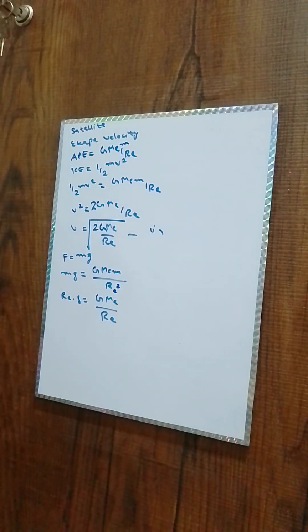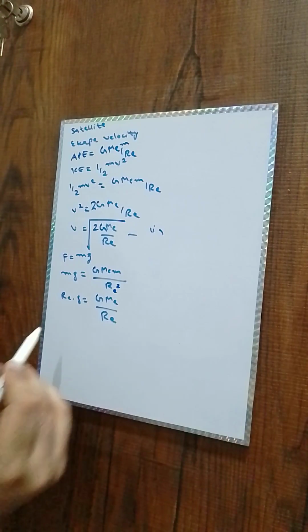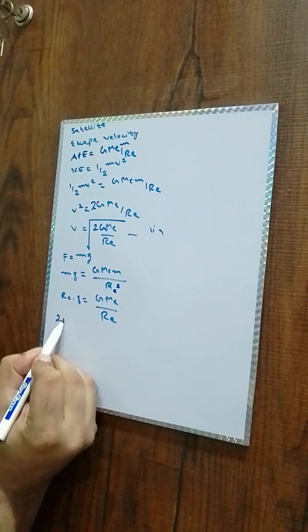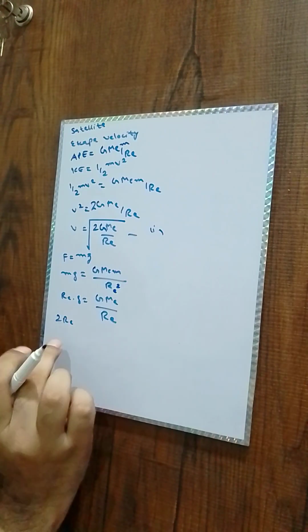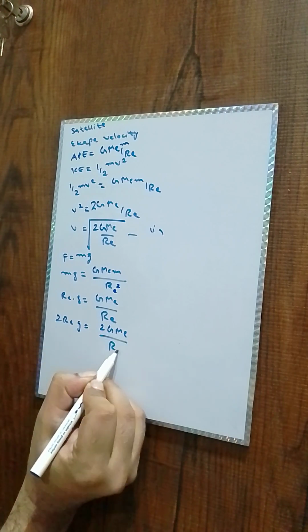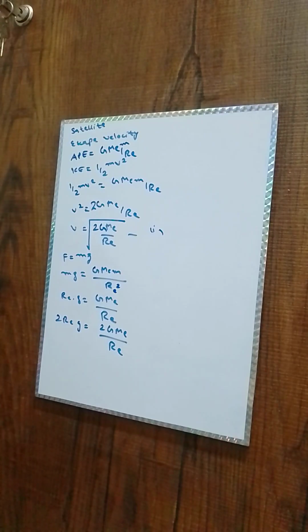So now we use these forms. Re g is equal to G Me by Re. So 2 Re g is equal to 2 G Me by Re. Is that so? Yes.